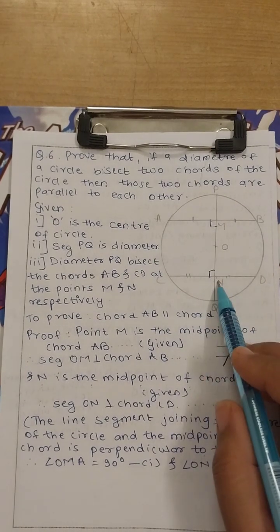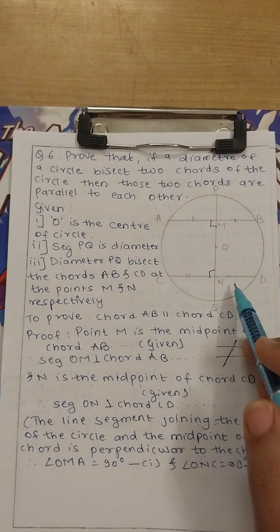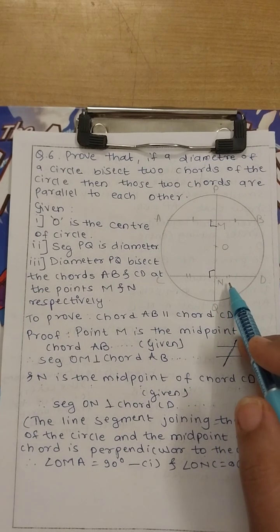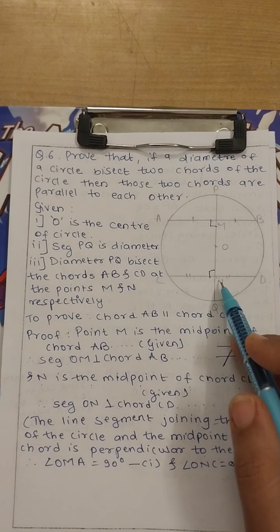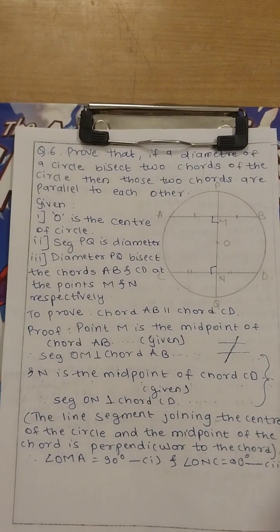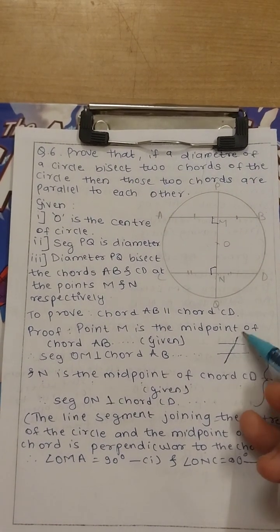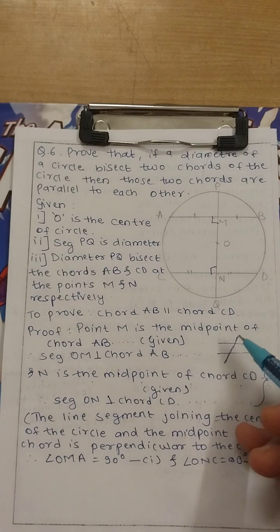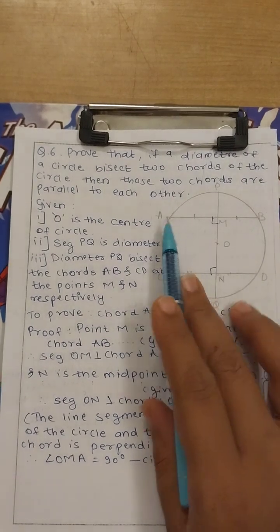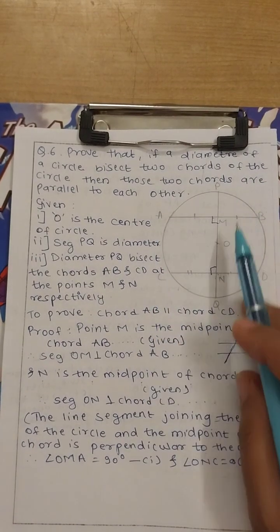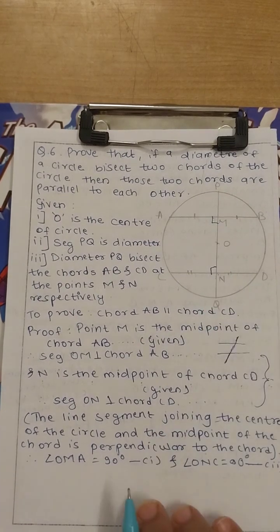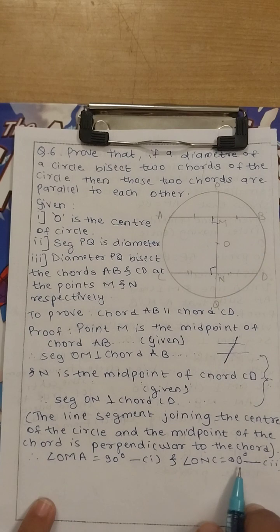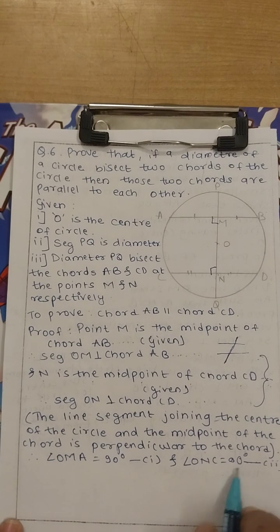Measure of angle M and measure of angle N is equal to 90 degrees. We have already proved that. But we know PQ is the transversal. If these are the two lines and PQ is the transversal, these two angles are 90 degrees and 90 degrees.